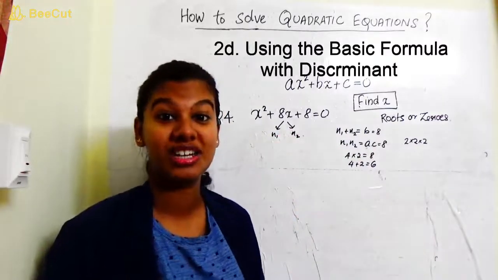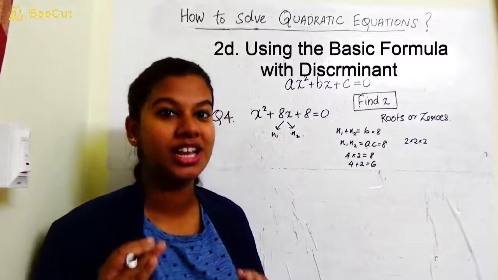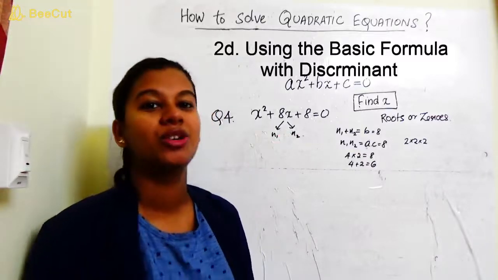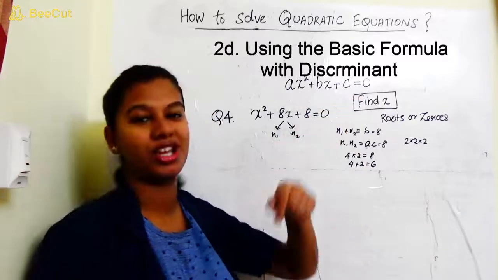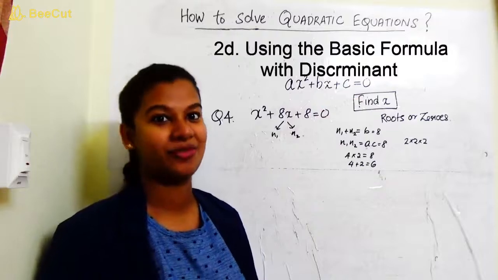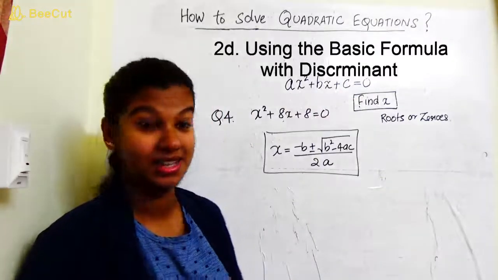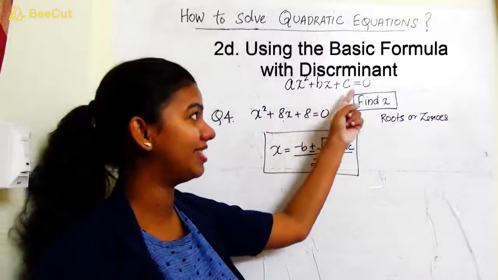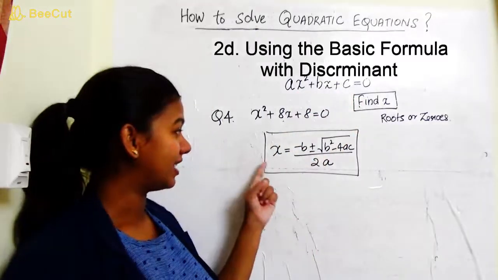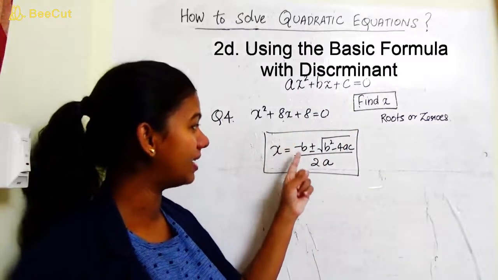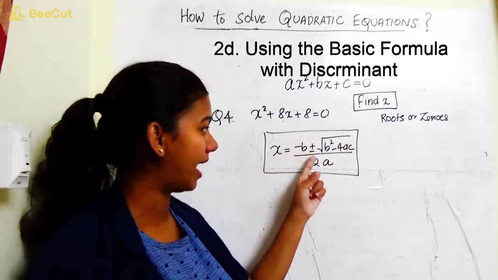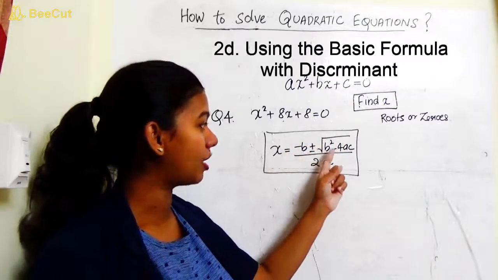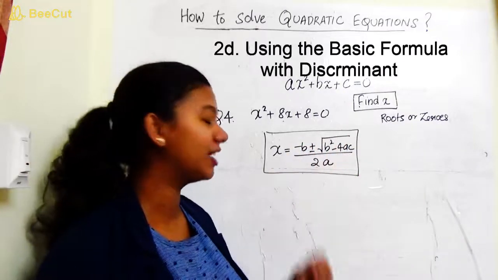So there is another formula which is introduced exclusively for solving quadratic equations. Okay, so let's see that formula. So the formula is, for a quadratic equation ax square plus bx plus c equal to 0, we can say that x equal to minus of b plus or minus root of b square minus 4ac divided by 2a.